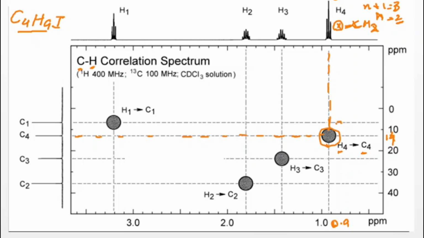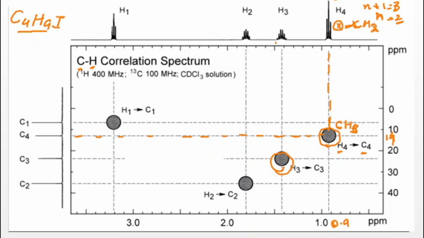So there is a very high possibility that it could be similar. It will become very clear when we see this stage. But to see this group, it is correlated with the C3.